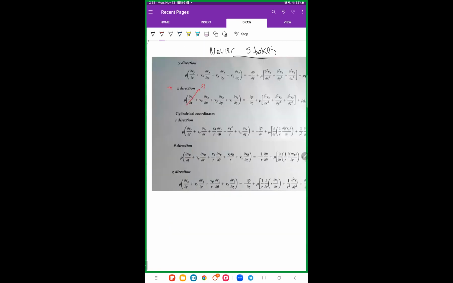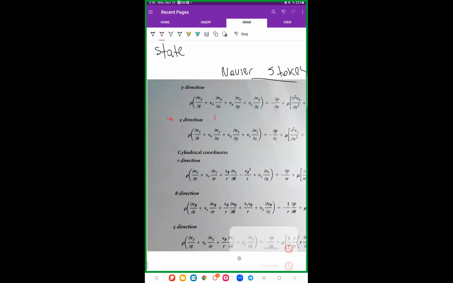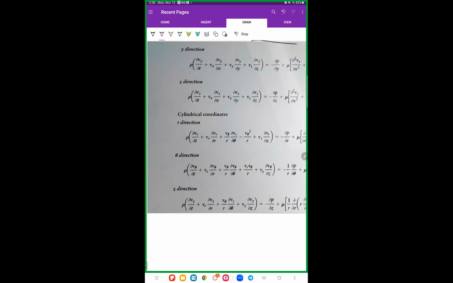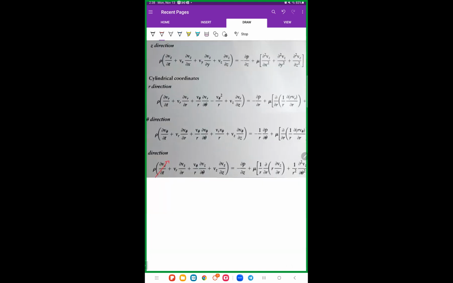So there's no v_theta, so you can take it out.